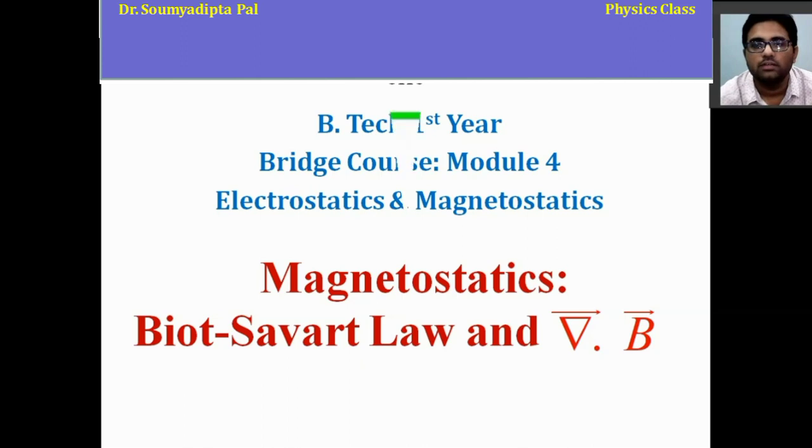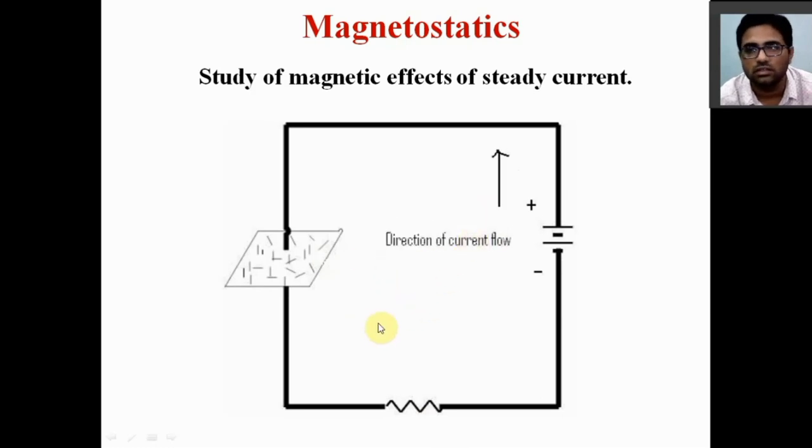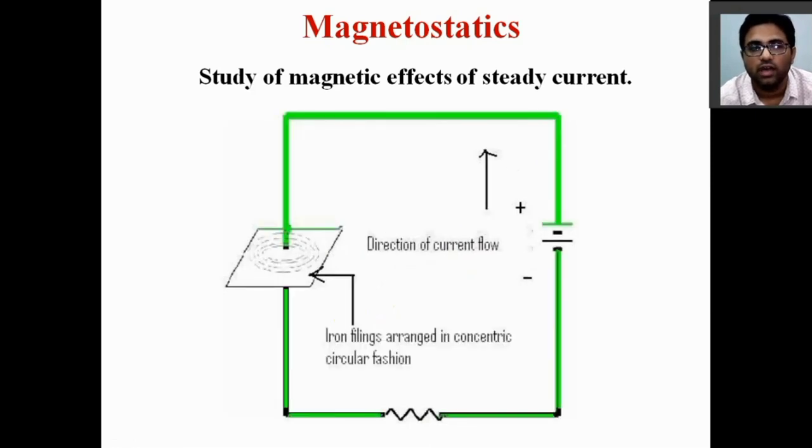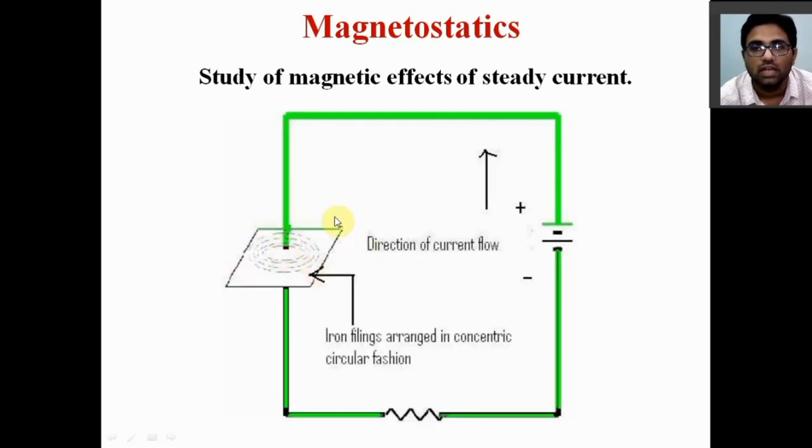Now you know that when a steady current passes through a circuit, it produces magnetic fields that are constant in time. As a result, the iron filings or iron needles here, which are randomly oriented before the production of the magnetic field due to current flow in the circuit, are now oriented beautifully in concentric circles.